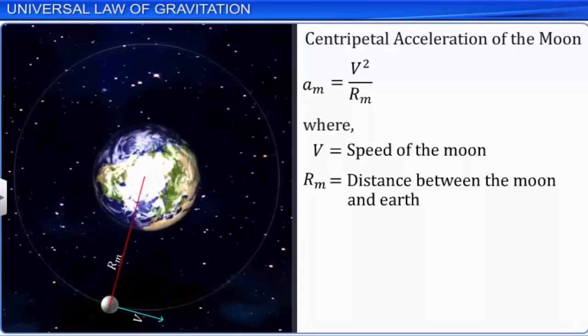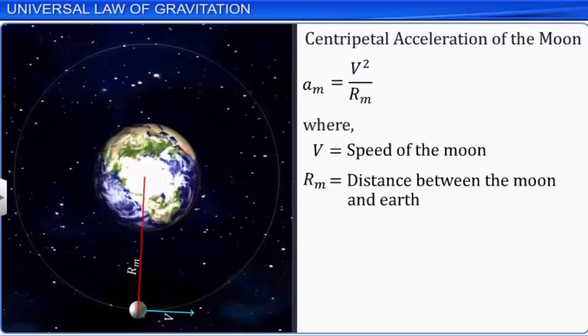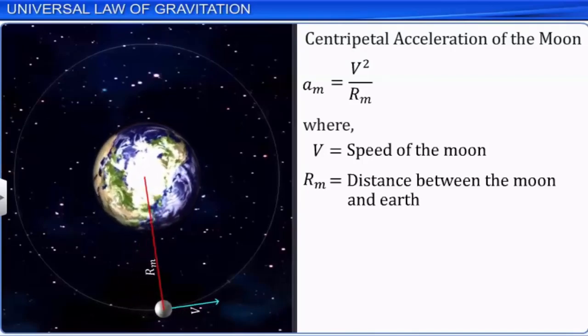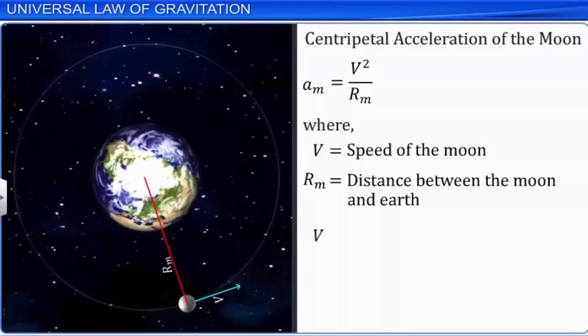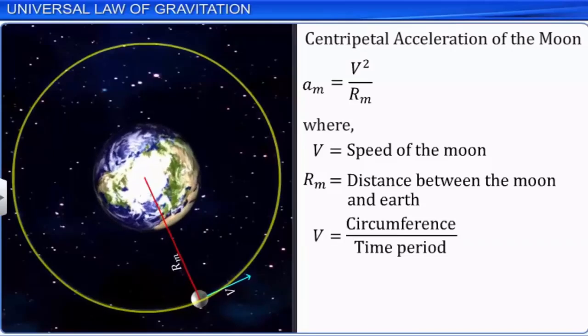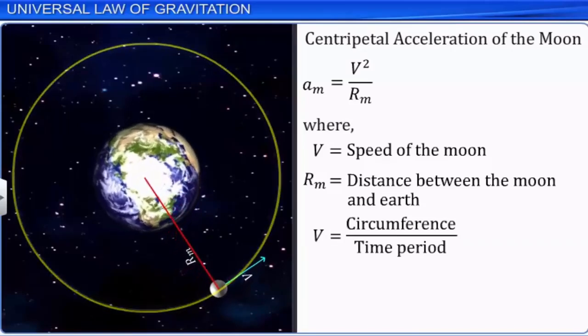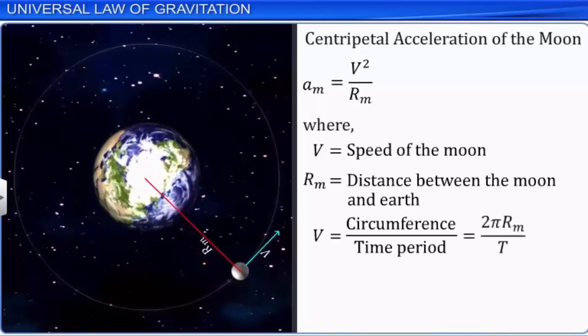Thus, the orbital velocity of the Moon is equal to the circumference of the orbit divided by its time period, which is equal to 2 pi r_m divided by T. The expression on simplification gives us a_m equal to 4 pi square r_m by T square.